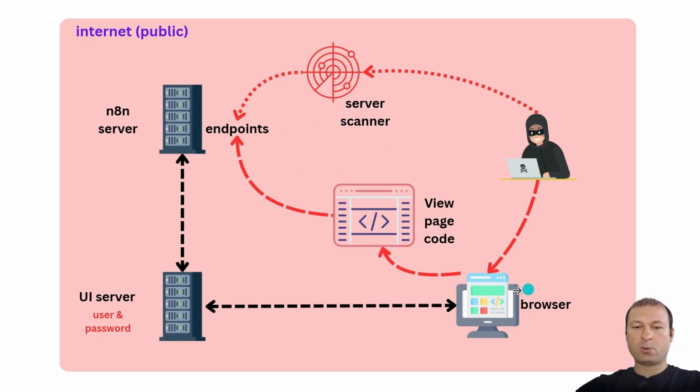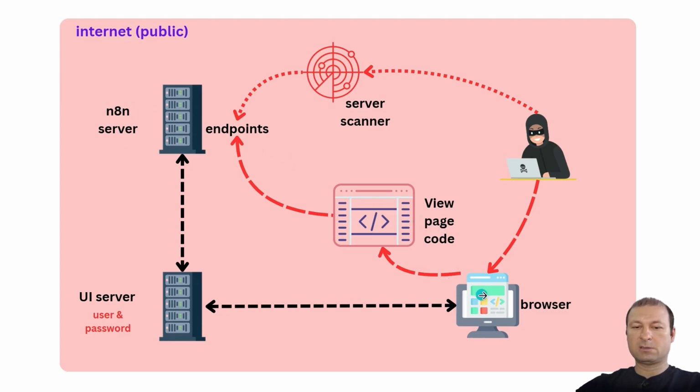And of course, you might wonder what is wrong with this configuration. Well, first of all, all the endpoints a browser can access are publicly available to the user of the browser. So the user, or in this case the attacker, can just go into the browser and check the page source code. And then, of course, you can see exactly all the links, or actually the endpoints, the n8n server is going to be used for.